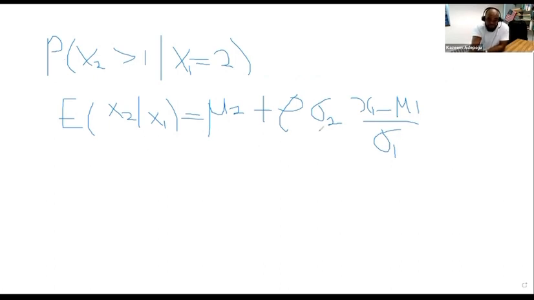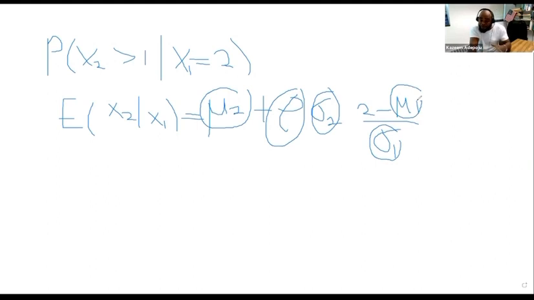Now, if this is the mean, but you've been told that x1 equals 2, what I'm going to do now is clean this up and put x1 equal to 2 and just put 2 here. Now you've been given the value of this, this, this, and this.